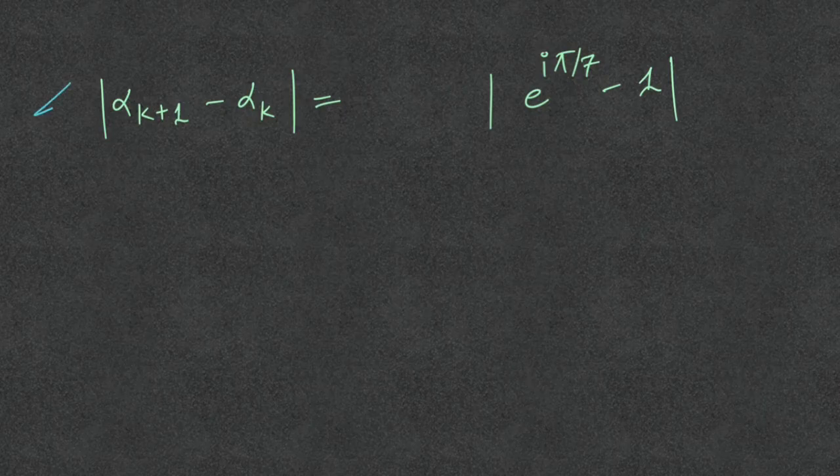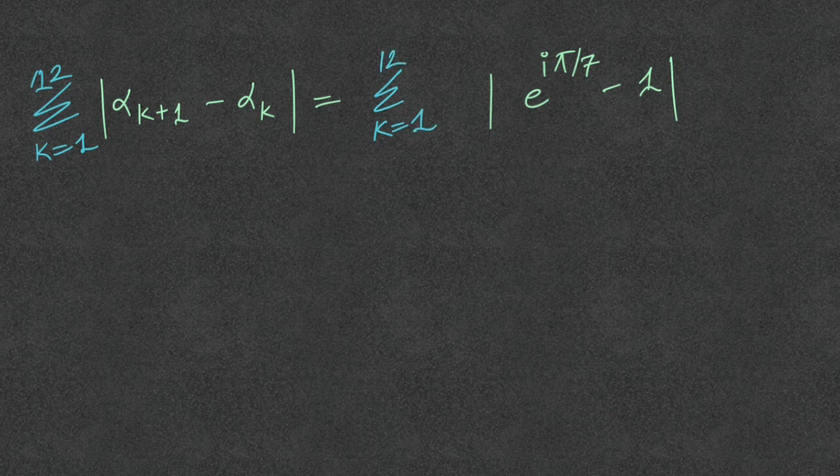Now taking summation on both sides, where k starts from 1 to 12. This summation acts on k. Here it is a constant for that. So ultimately this summation is adding from 1 to 12, that means we are adding 1 twelve times.